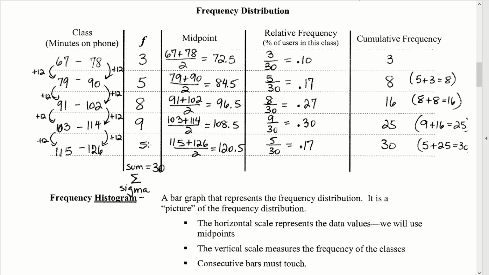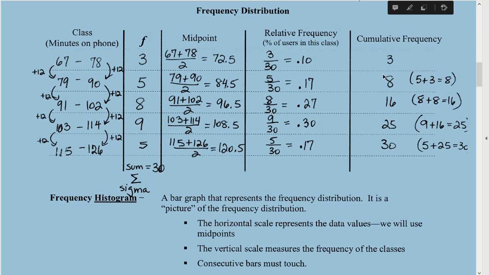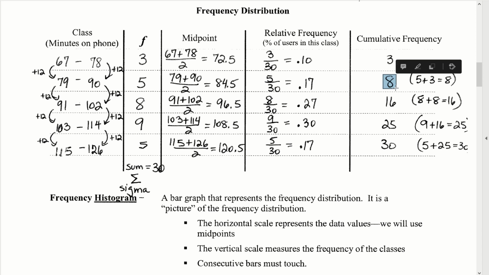An alternative and slightly faster way of doing this: if I pick the cumulative frequency for class 3, by definition it should be the number of values in that class plus all of the classes that come before it. That can simply be found by taking that class frequency and adding to it the cumulative frequency of the previous class. 8 plus 8 gives us 16.